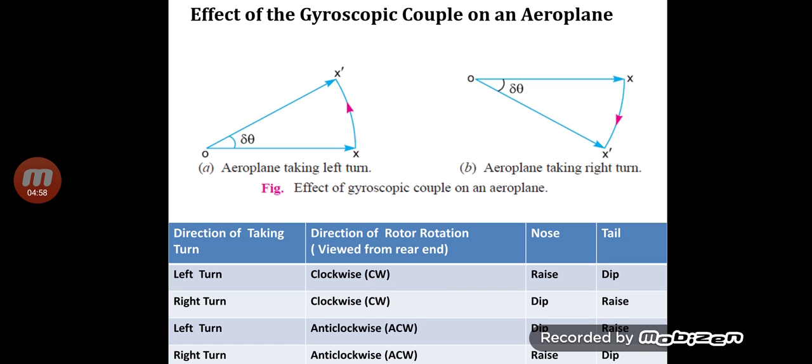The reverse way, if the aeroplane is taking a right turn, and the rotor is rotating clockwise only, then the nose will dip and the tail will rise.